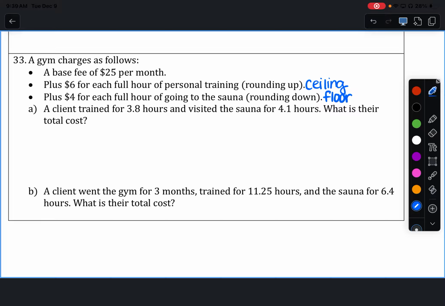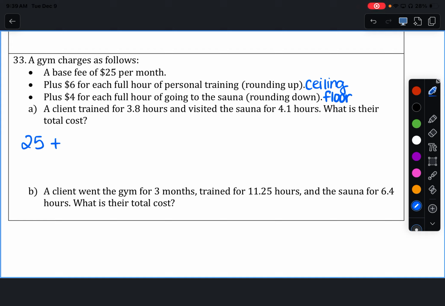Okay, so a client trained for 3.8 hours and visited the sauna for 4.1 hours. What is their total cost? So it doesn't mention how much time, so we're just going to assume it's 1 month that they do this over. So how much is it for 1 month at the gym? $25 plus.